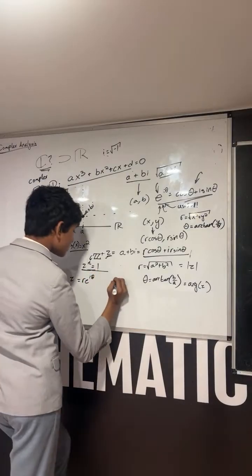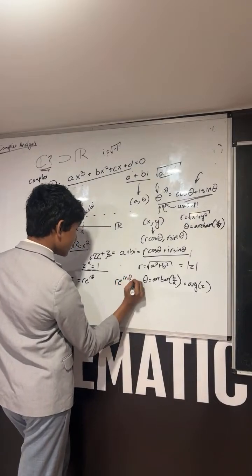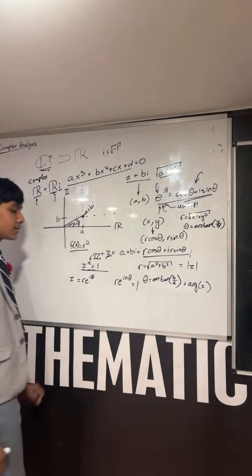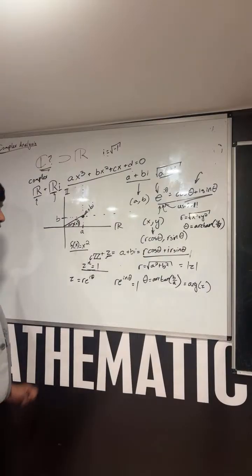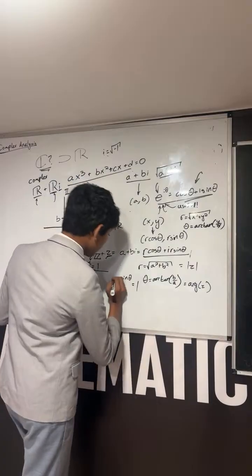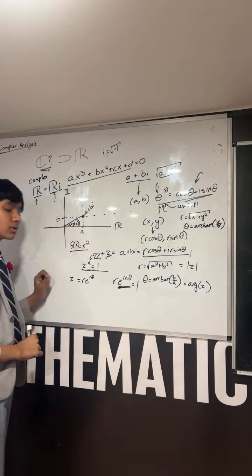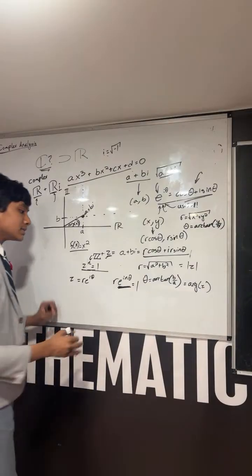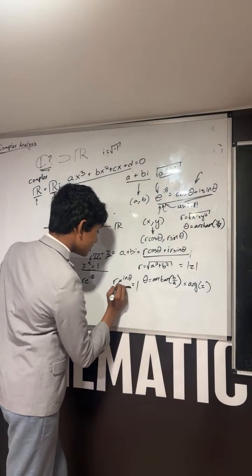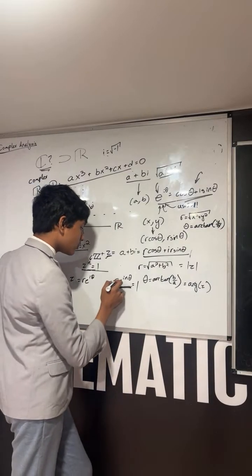Then, we want to solve r e to the i n theta is equal to 1. Now, first thing we notice, this r should probably disappear. But before that, what makes this equal to 1? Because here's the thing. We need this to be equal to 1 exactly. No more, no less. Why?